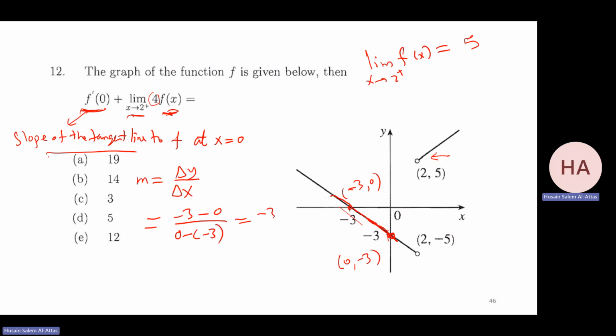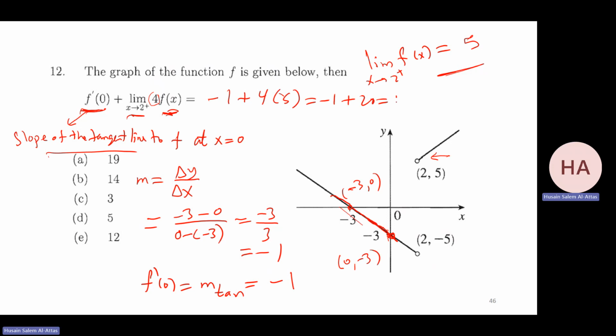That will be -3 over 3, which is -1. So f prime at 0, which is the slope of the tangent, which we get through delta y over delta x, is -1. So this one will be -1 plus 4. This limit is 5 times 5. That -1 plus 20, which is 90. So this is the answer.